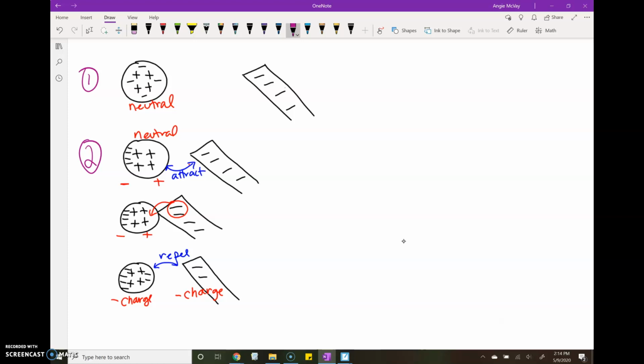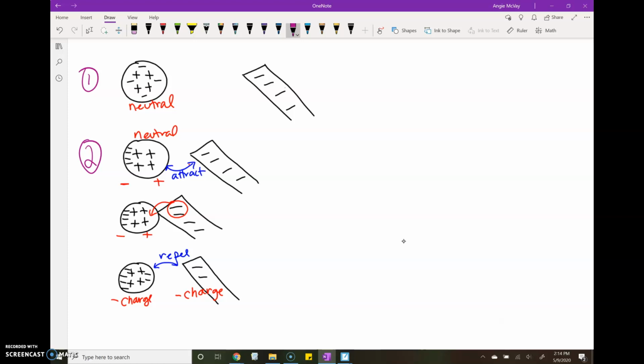Even though this entire pith ball is technically electrically neutral, the right-hand side of the pith ball is positively charged. And so those negative charges always want to go and neutralize a net positive charge.